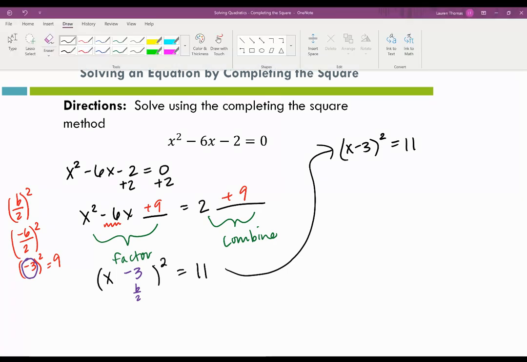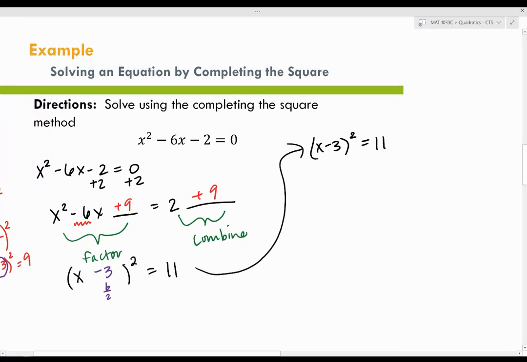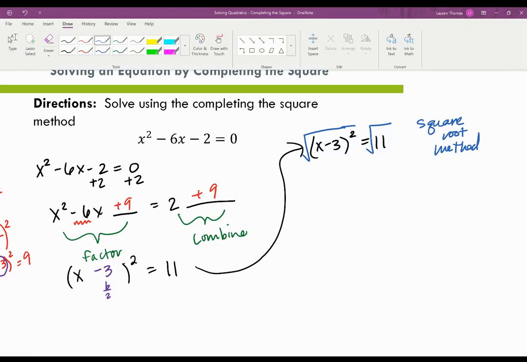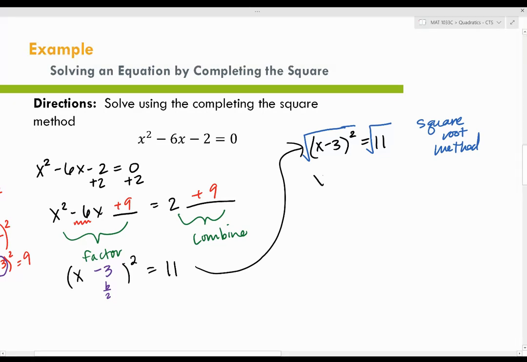All right, so now since we have that quantity squared and it equals a whole number, we can use the square root method on it. Which means we're going to take the square root of both sides. So the left-hand side is going to give me x − 3 = ± √11.